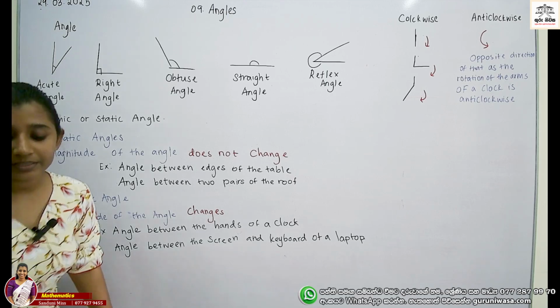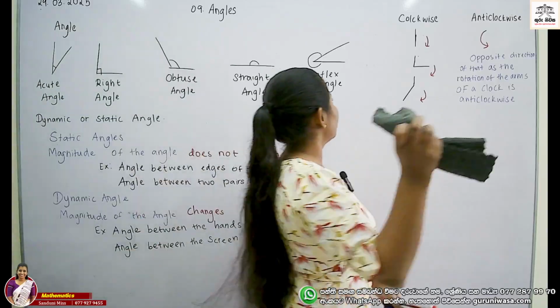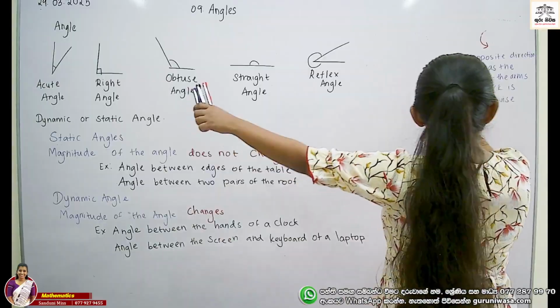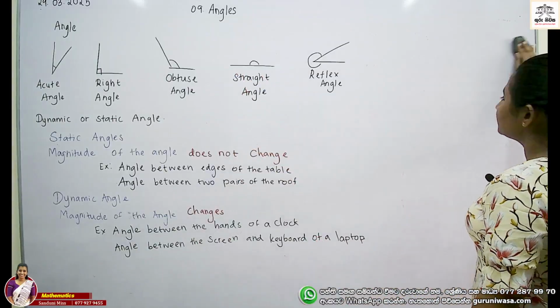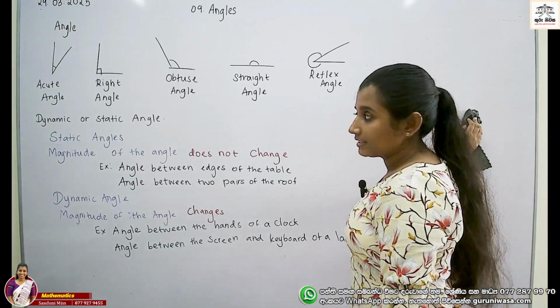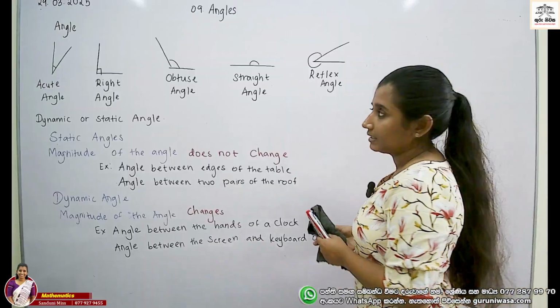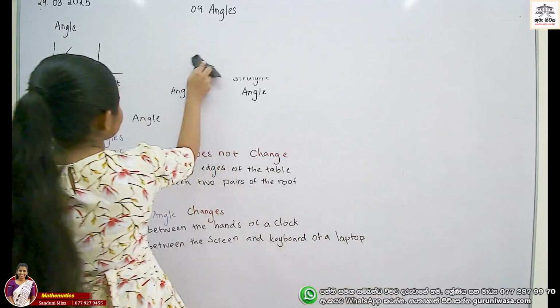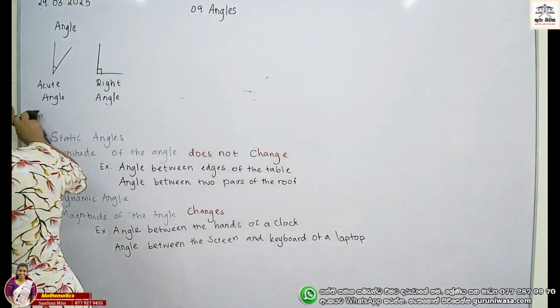Okay, so now you know clockwise, anti-clockwise, and the 5 types of angle. What are the 5 types? Acute, right, obtuse, straight and reflex angle. Then dynamic and static angles also. So now we are going to enter today's lesson.